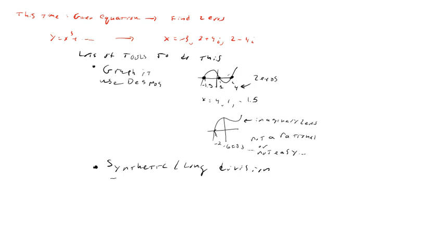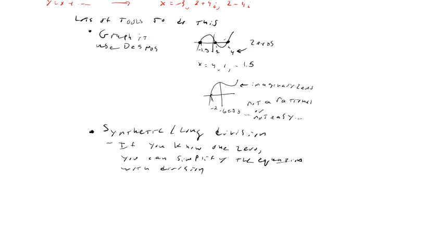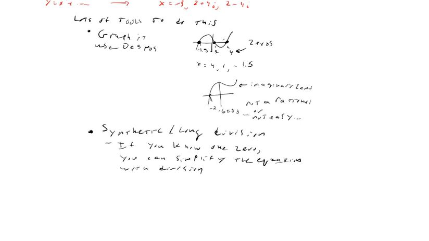And what synthetic or long division does is, if you know one of the zeros, you can simplify the equation with division.